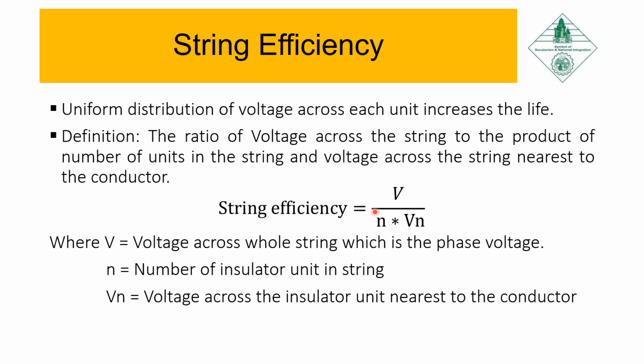Therefore, string efficiency equal to V divided by N into Vn, where V is the voltage across whole string, it is the phase voltage, N is the number of insulator units in the string, and Vn is the voltage across the unit nearest to the conductor.